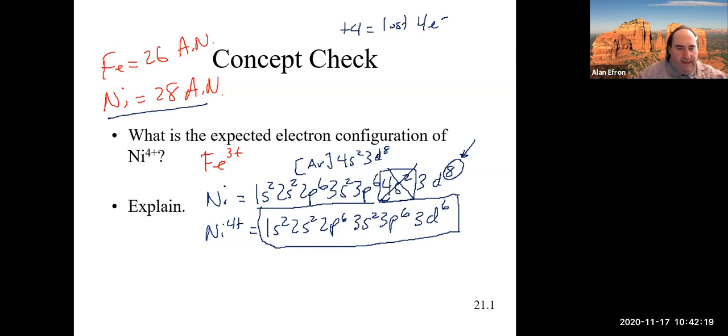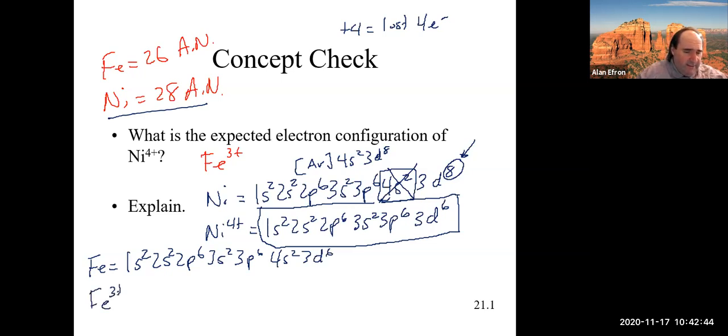Now, if we look at iron, iron again, no charge, has 26. So it's going to be very similar to what we just wrote. And again, you could use argon if you like. 4s2, and iron there would be 3d6. Iron with a +3 charge means it lost 3 electrons.